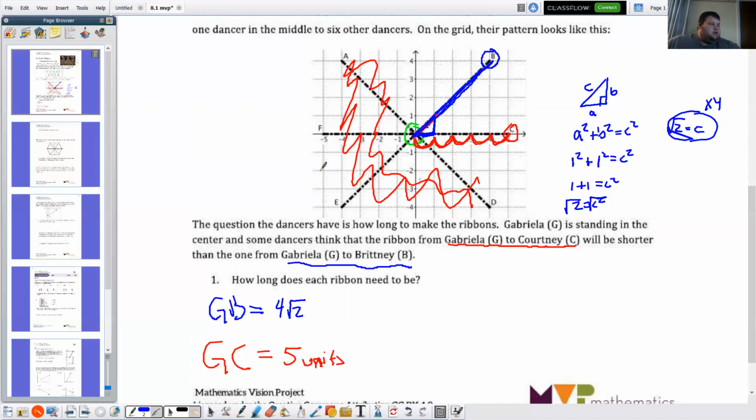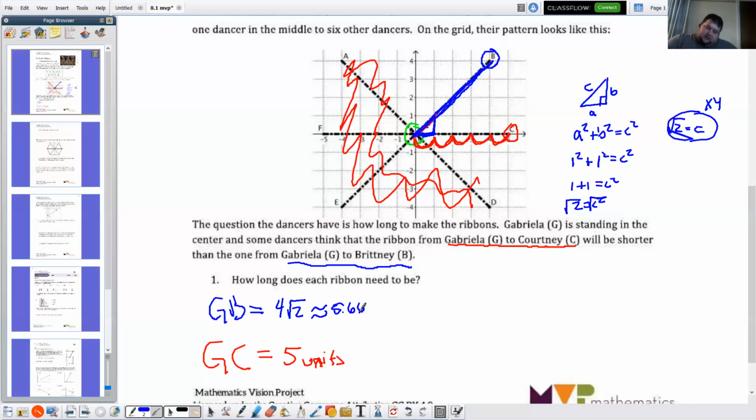Okay, so if we pull a calculator up, we can approximate that. So the square root of 2 times 4 equals approximately 5.66.